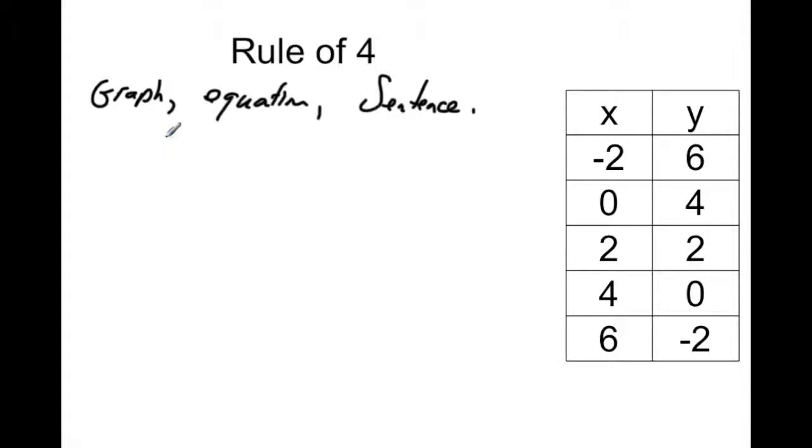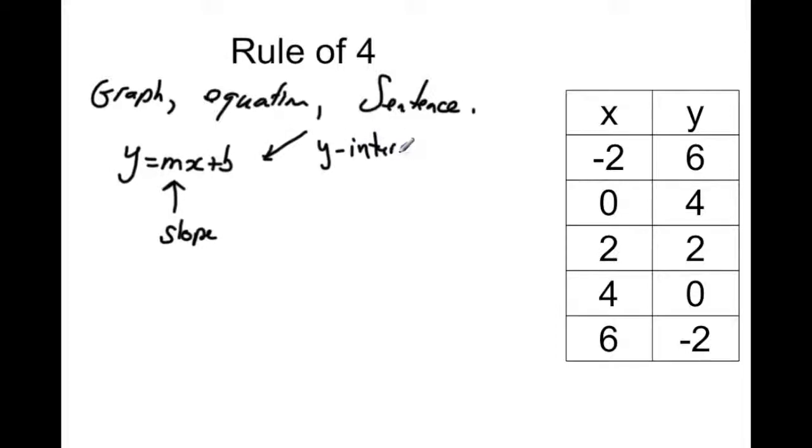Now, to do our equation, we're going to need a y equals mx plus b equation. So we'll need the slope, and we'll need the y-intercept, the vertical intercept.